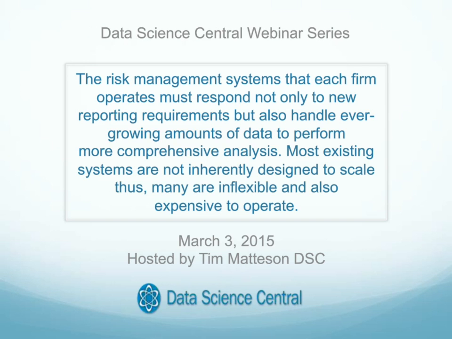The risk management system that each firm operates must respond not only to new reporting requirements, but also handle ever-growing amounts of data to perform more comprehensive analysis. Most existing systems are not inherently designed to scale, thus many are inflexible and also expensive to operate.